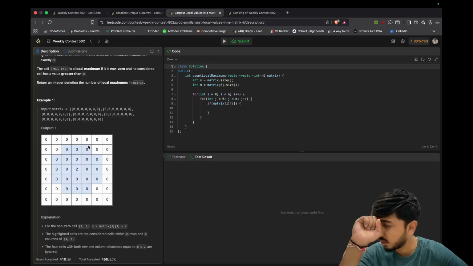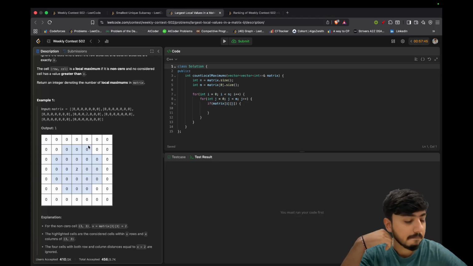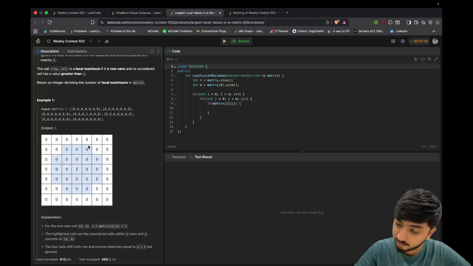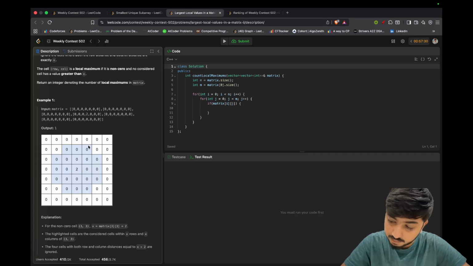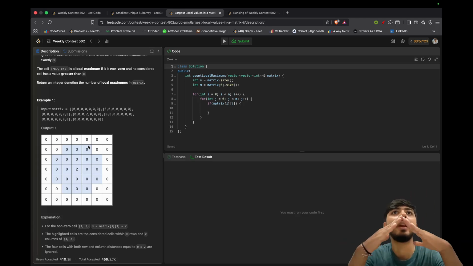I'm thinking, I'm standing at some point. I want to know if the point I'm standing at is the maximum. It should be like a mountain.